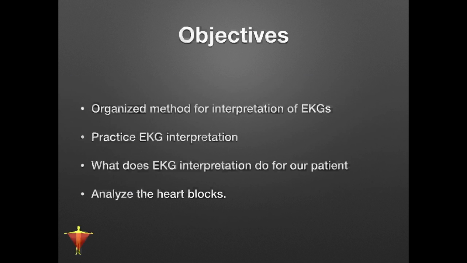We're going to keep that really short and simple, not to get too deep into some of those subcategories, but we'll definitely look at getting a little bit of practice in. Also, we're going to talk about what our EKG interpretation is actually going to do for our patient, why we should be looking at this, and then we'll go over heart blocks and what those look like, how we can identify them.